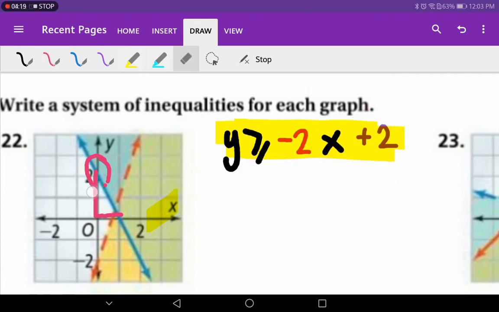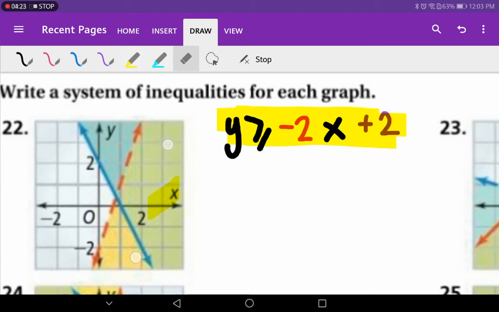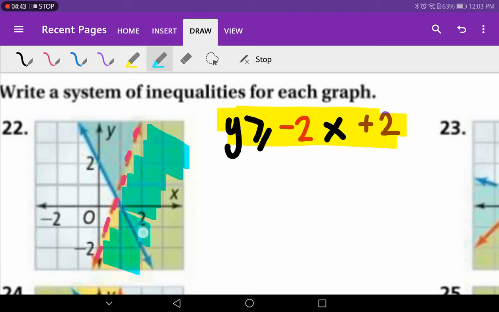Now let us draw the second line here. As you see, the graph holds two lines, and the second line is the red line here, the dashes. Okay, this is the one. First of all, determine the area. Where is the area for this line? Actually, it is here. Okay, it is down.